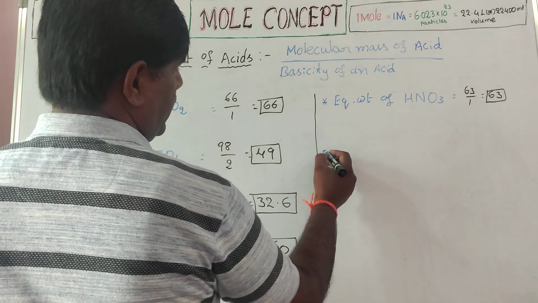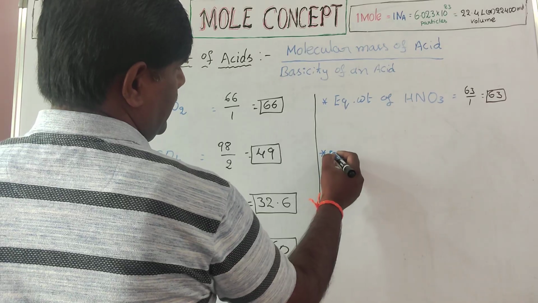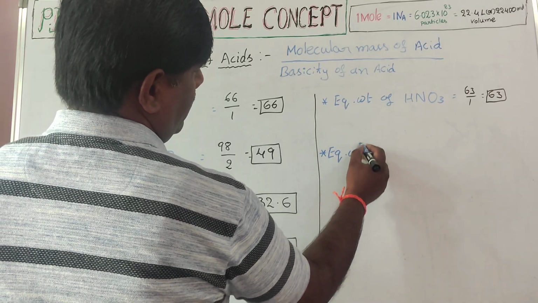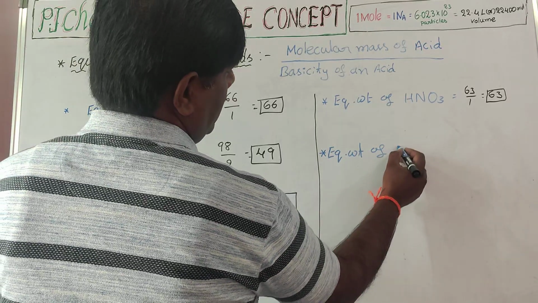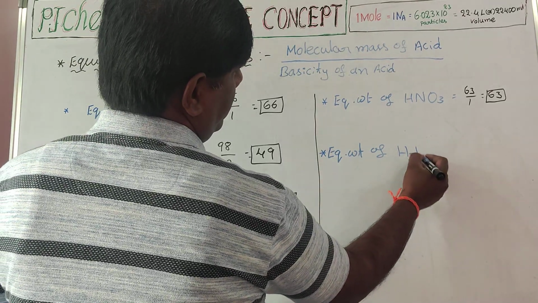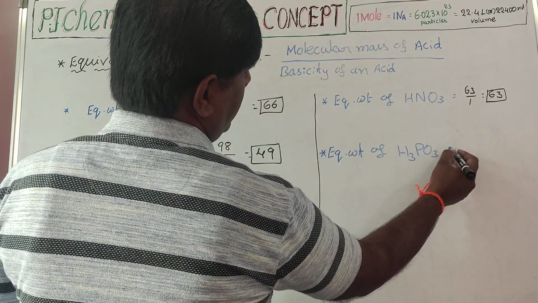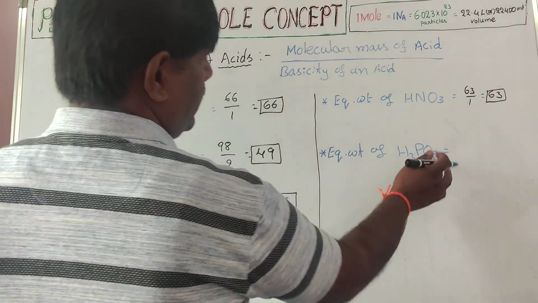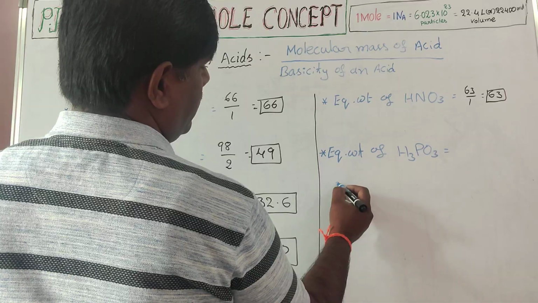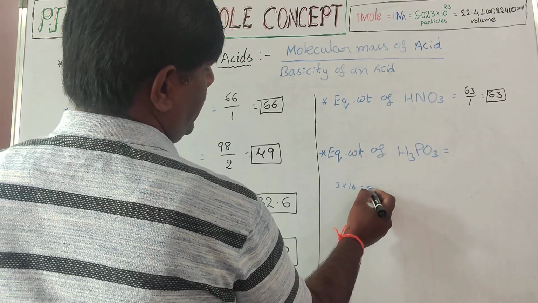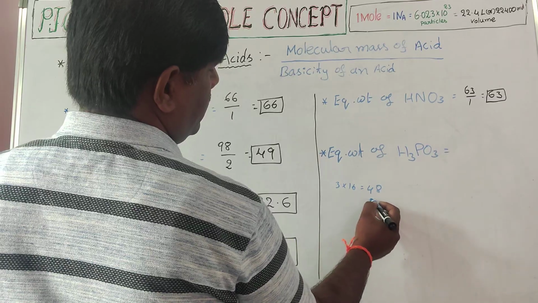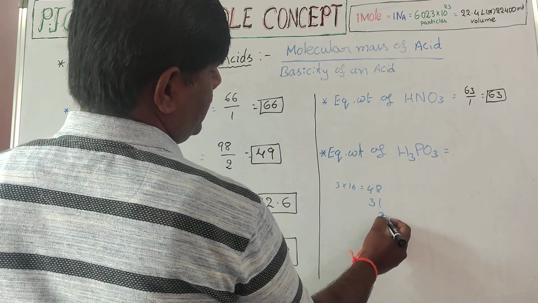Yes, go for calculating the equivalent weight of H3PO3. Just wait. 3 oxygens, 3 into 16, 48. 1 phosphorus, 31, plus 3.